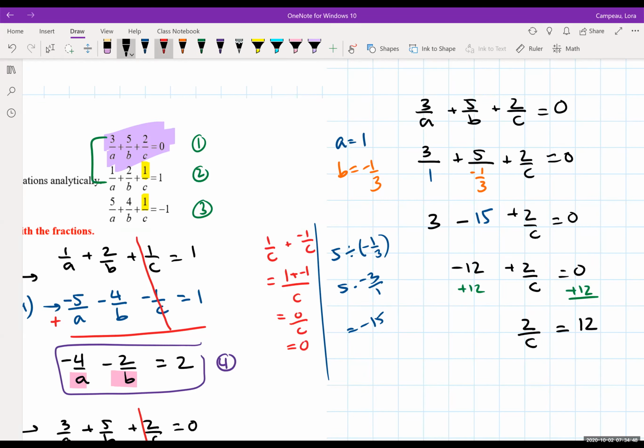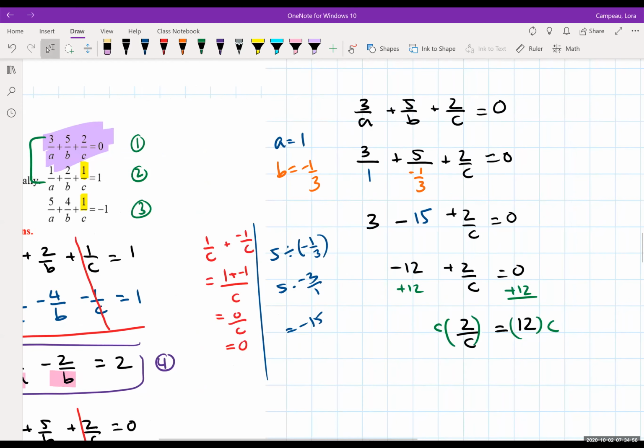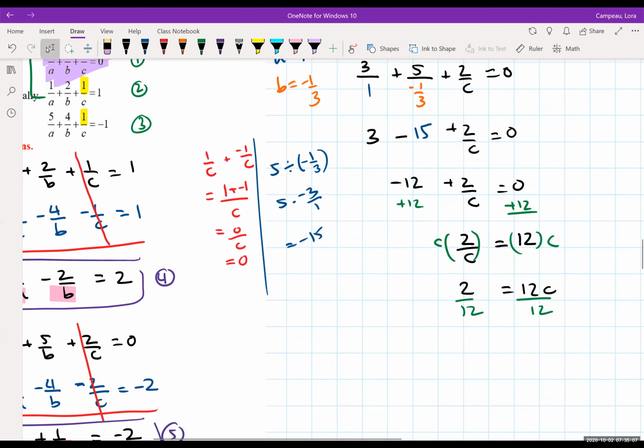We want to solve for C at the very end. We multiply both sides by C. Or it's a proportion, you could also solve it differently. So I should get 2 equals 12C. Solving for C, divide both sides by 12. And 2 over 12 reduces to 1 over 6.